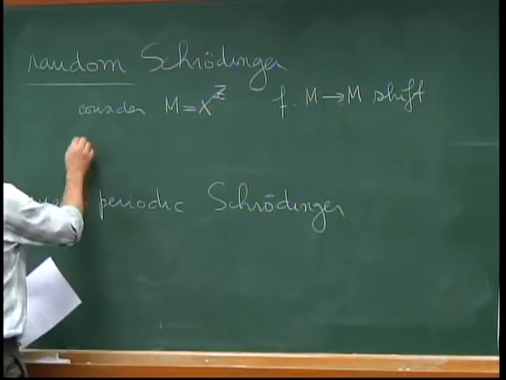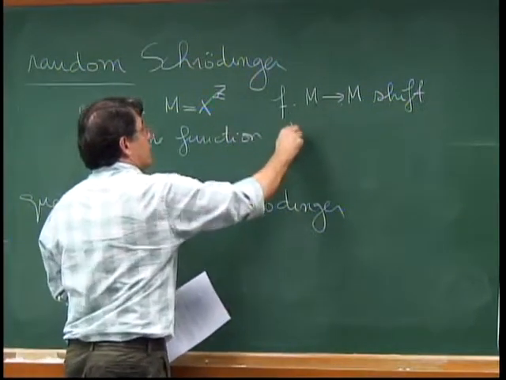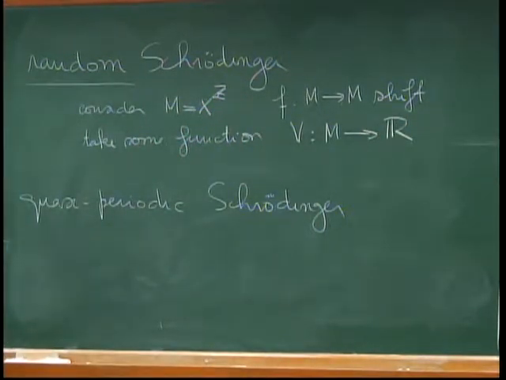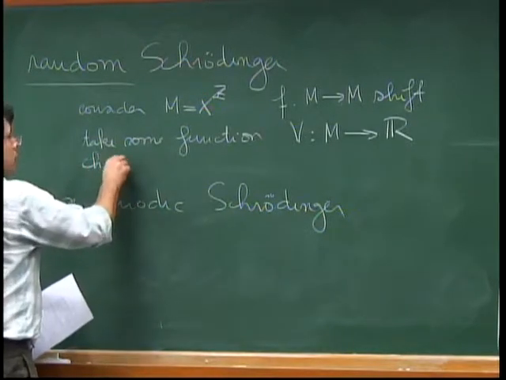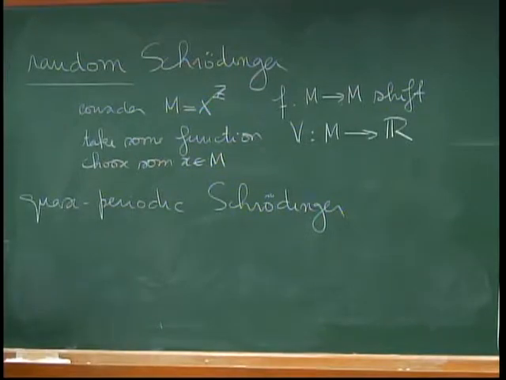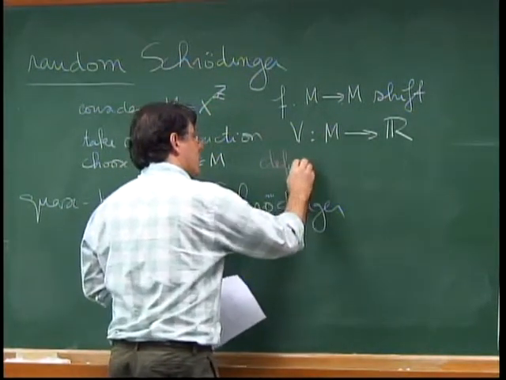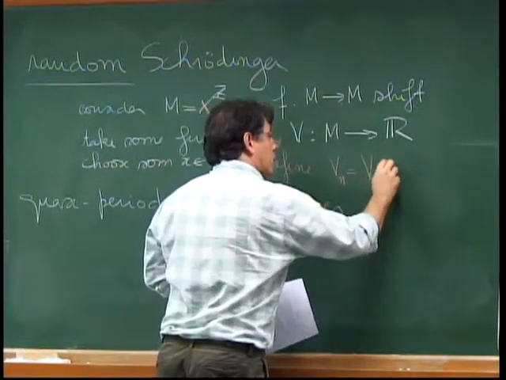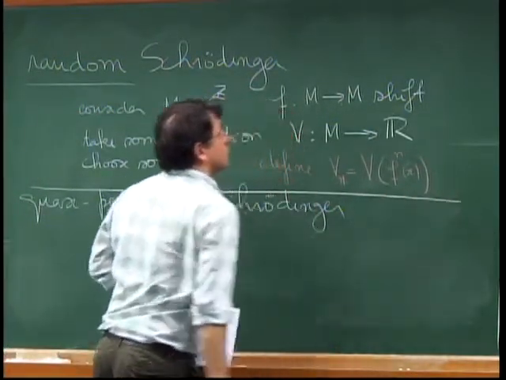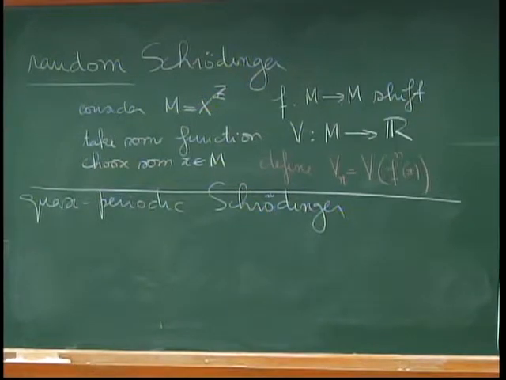And then you take some function V from M to R, choose some x in M. And then you define Vn to be V calculated at Fn of x. That's one way. You can play with whatever sequence you like. I'm just telling you the two types of constructions that people like the most.